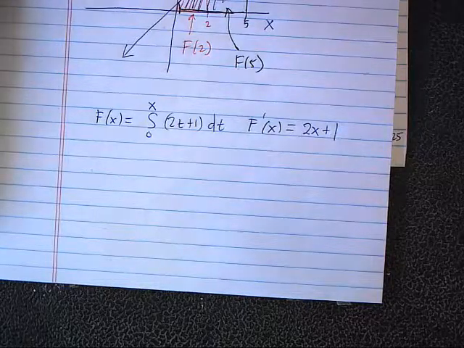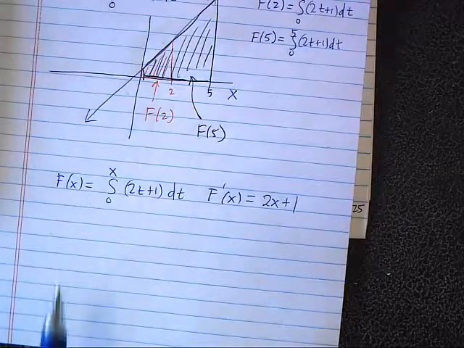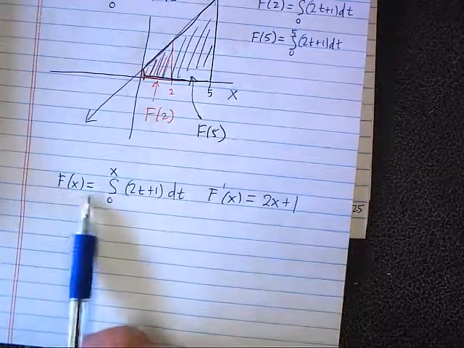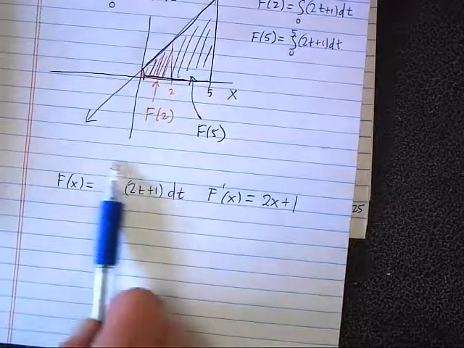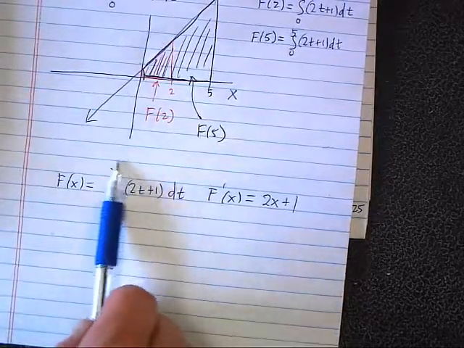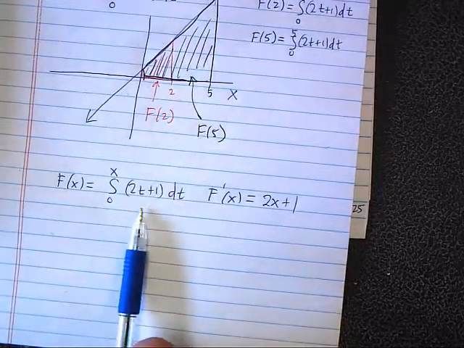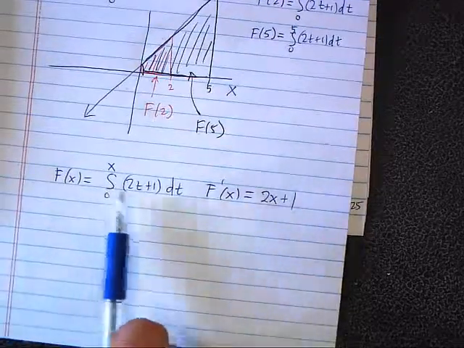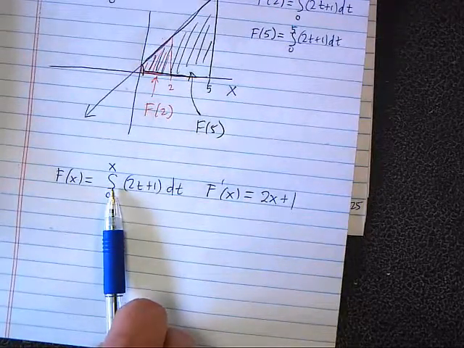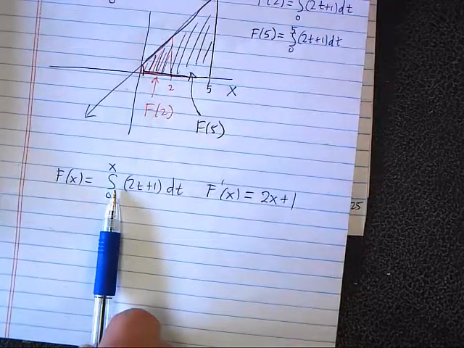All right, so what does this say in words? This says in words, f of x is defined as an area. What's another word you would use for this? Integral. What's another word you would use for this? How about antiderivative? F of x is defined as an antiderivative.